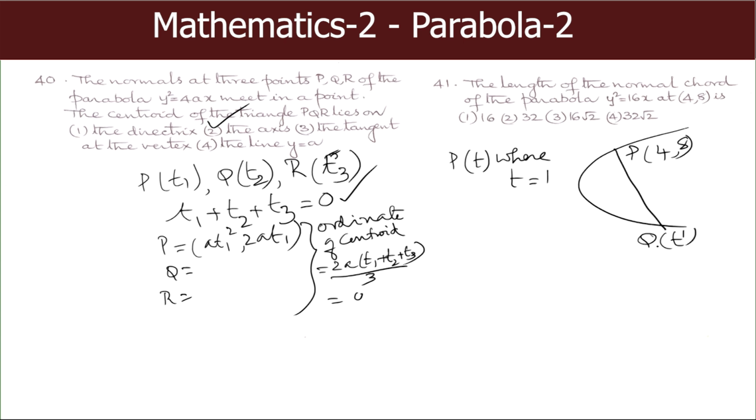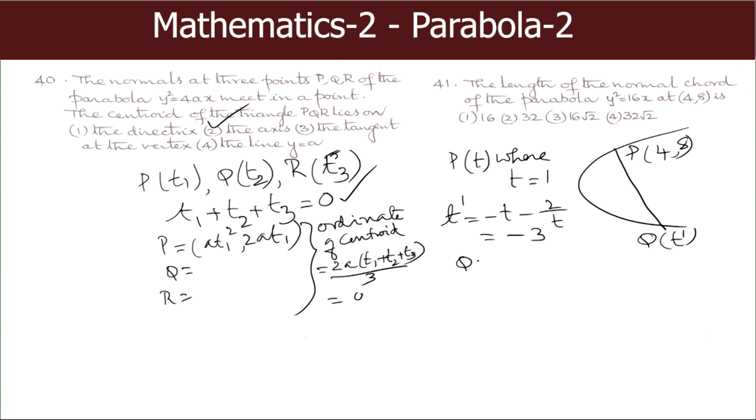If the normal to the parabola at P meets the curve again at t dash, there is a relation t dash equals minus t minus 2 by t, that is equal to minus 3.